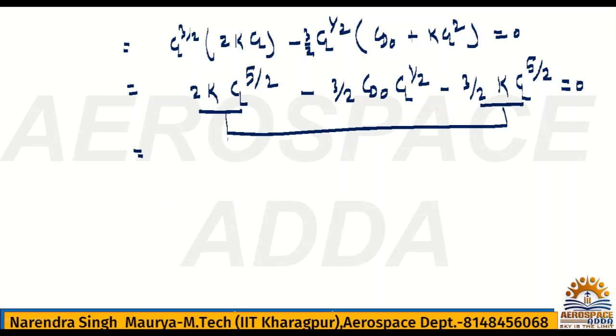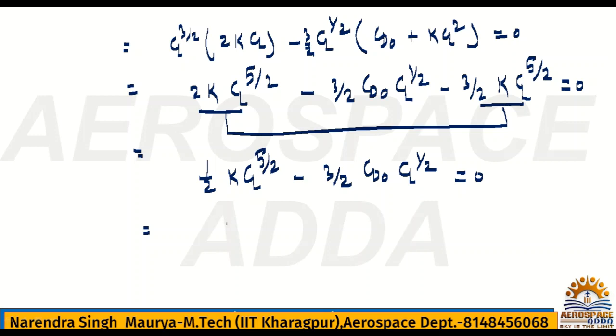this will be what, 2 minus 3 by 2, 4 minus 3 by 2 means 1 by 2 KCl 5 by 2 minus 3 by 2 CD naught Cl for 1 by 2 equal to 0.